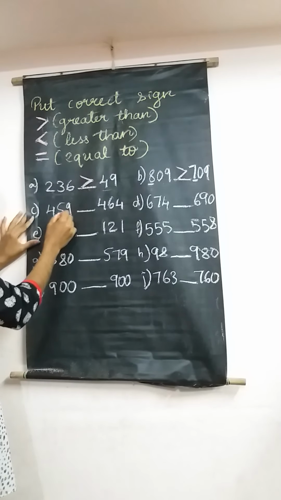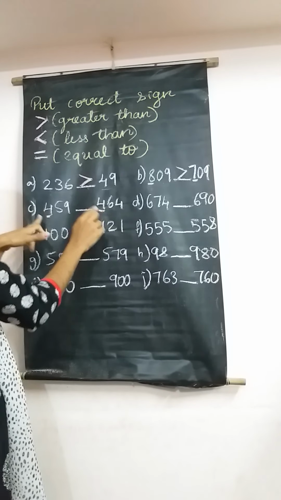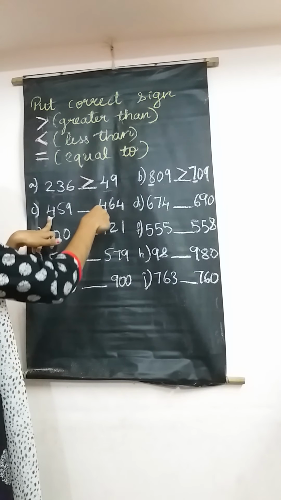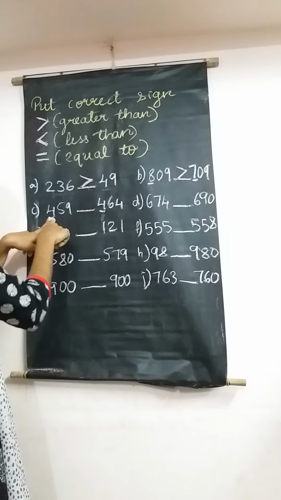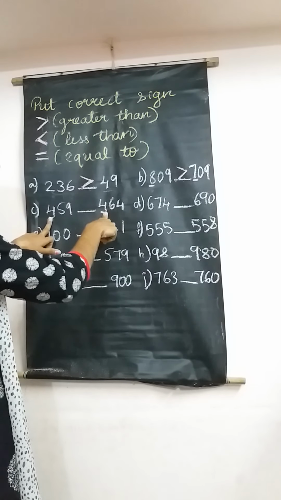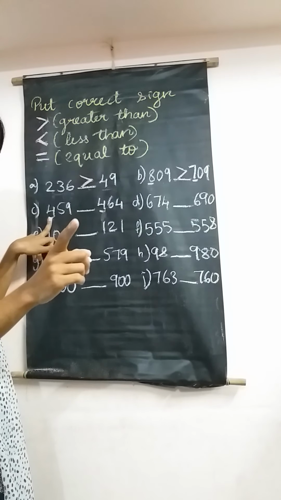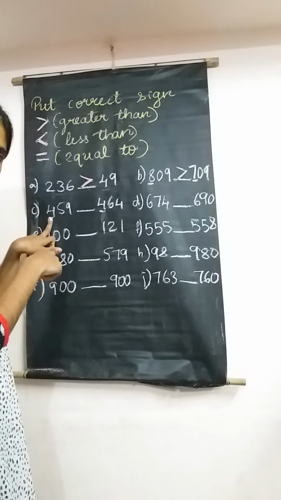Here, let us compare 4, 4. See, I am comparing from the hundreds place. Remember, keep this in your mind. Here, both the digits are same. Now, what do we need to do? When both are same, we cannot say which is greater, which is smaller, or put equals to either. Don't make that mistake. We should compare all the 3 places first. Understood?